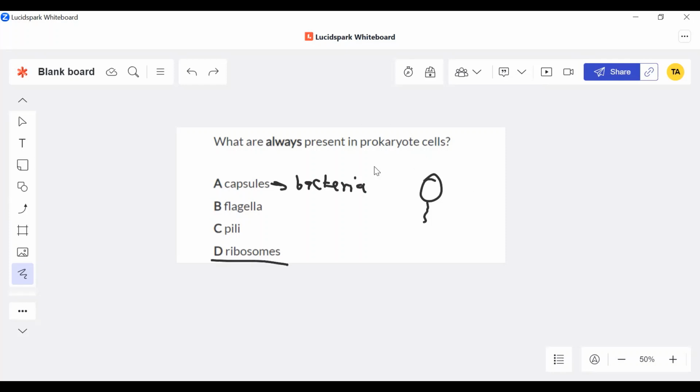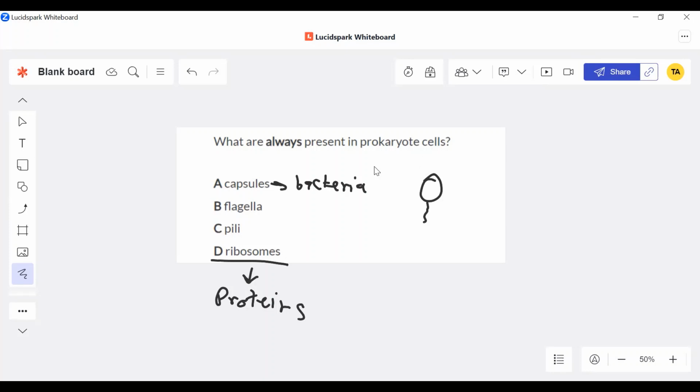Now, ribosomes are found in all prokaryotic cells. Why? Because ribosomes make protein, and proteins are the most important thing in all of the cells. Proteins make up all the cells. It will help with the cell function, with everything.